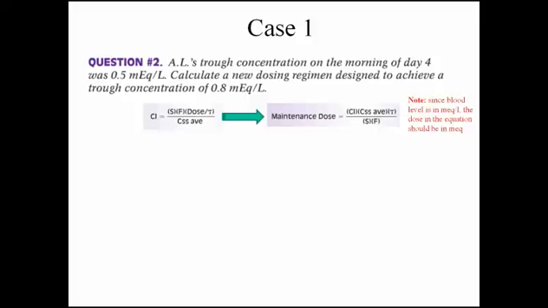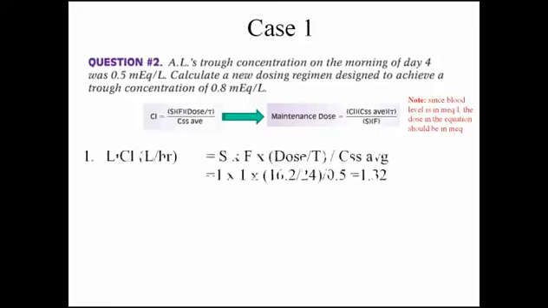First of all, because the level is reported in milliequivalent per liter, we need to have the daily dose in milliequivalent. Lithium clearance in this specific patient is equal to the dose multiplied by S by F and divided by the reported level of 0.5.